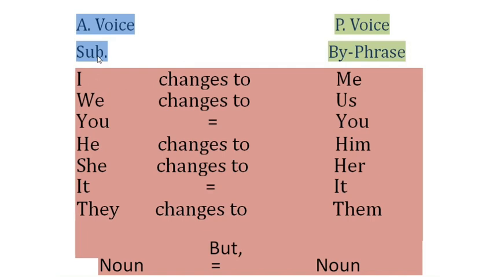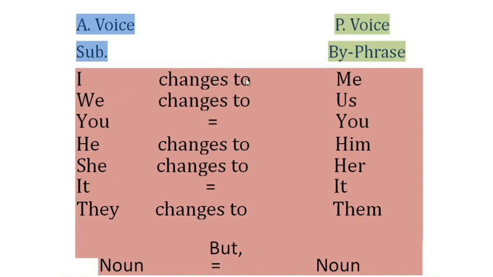In the subject position of active voice, we very often see I, we, you, he, she, it, they, and some nouns are used. But in the by phrase of passive voice, the same word is not always used.